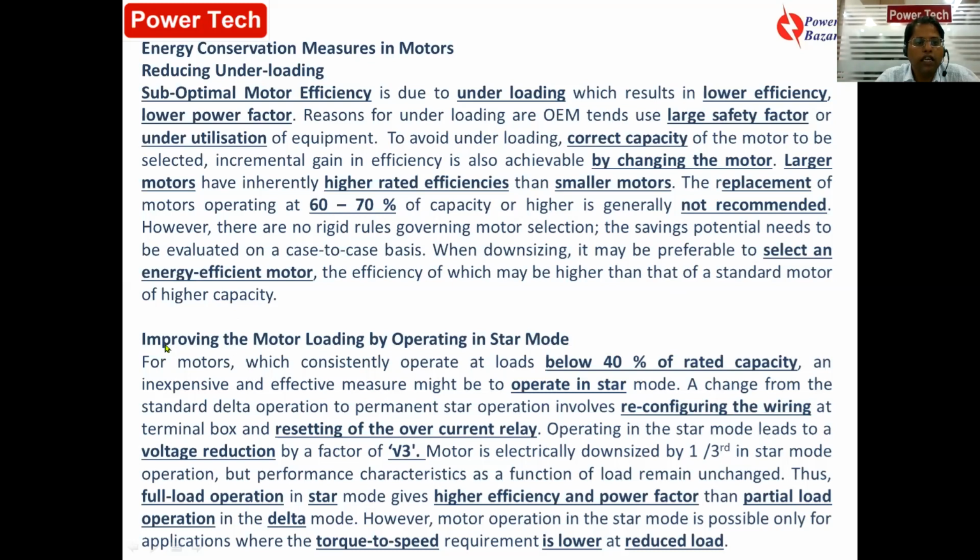Now, another option of improving motor loading is operating the motor in star mode. Normally motors are delta connected. In case any motor operates at 40% of its rated capacity, then it is always preferable to operate it in star mode. A three-phase motor has 6 terminals.